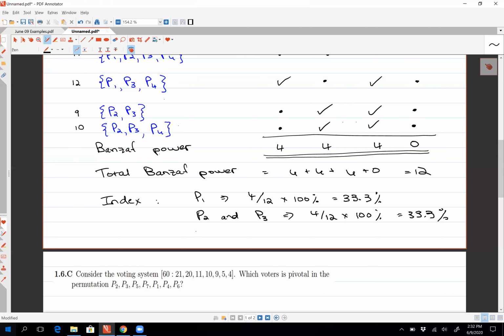But voter 4 has a Banzhaf power index of 0%. But there you have a breakdown of how you calculate the Banzhaf power index in each instance.